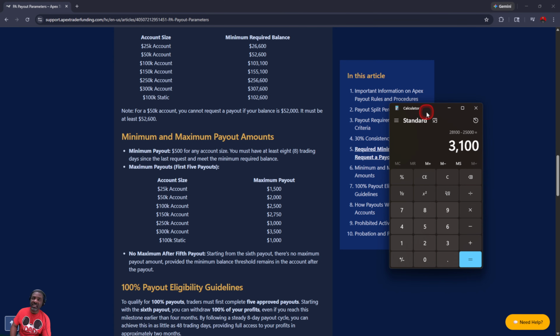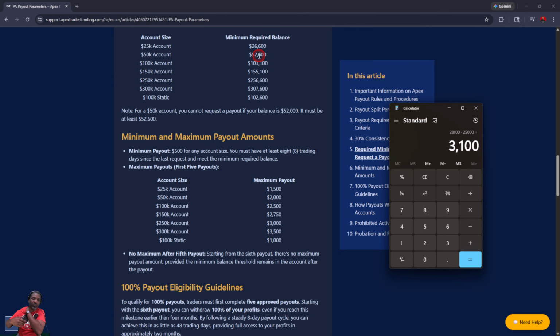Yeah, you'll be able to request 1,000 if you had a 50K account at 3,100, because you'll be at 53.1, and you will be able to request $1,000, if you had 3,100 over them 8 days.